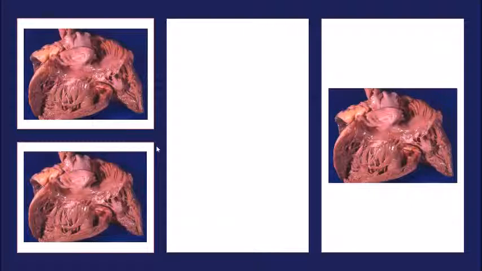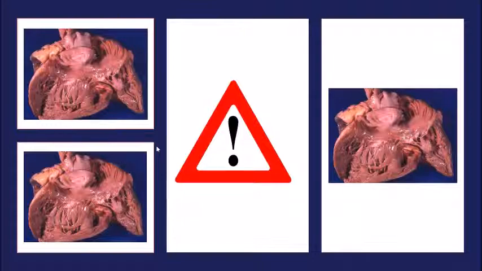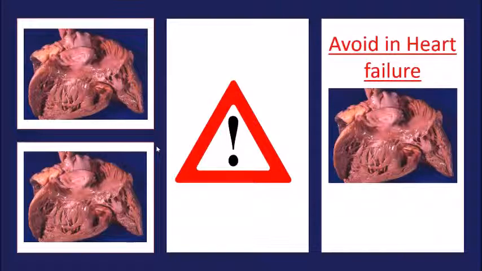But beware if you use calcium channel blockers, especially verapamil and diltiazem, in heart failure, when the heart muscle is unable to pump blood effectively, it stiffens or becomes hypertrophic.